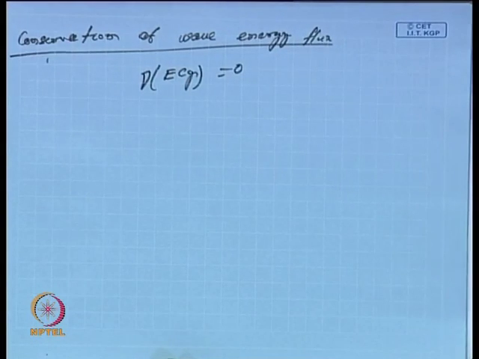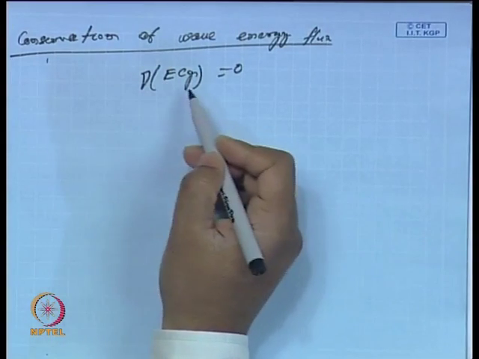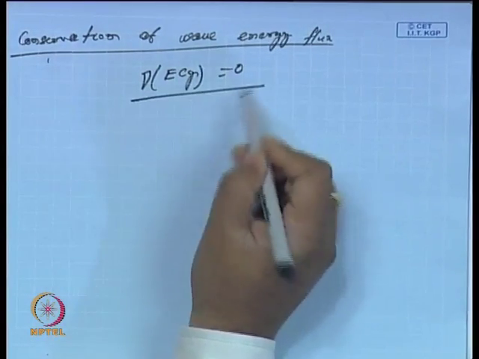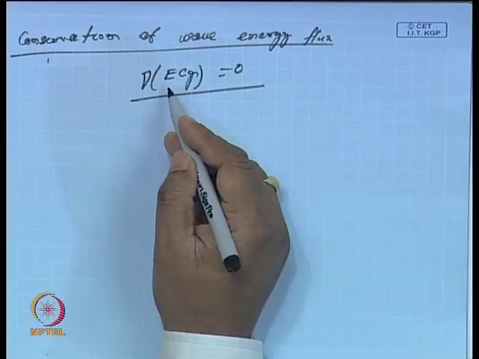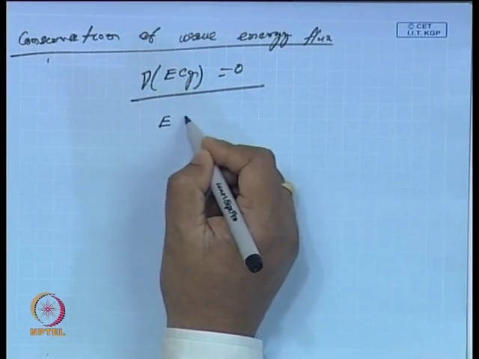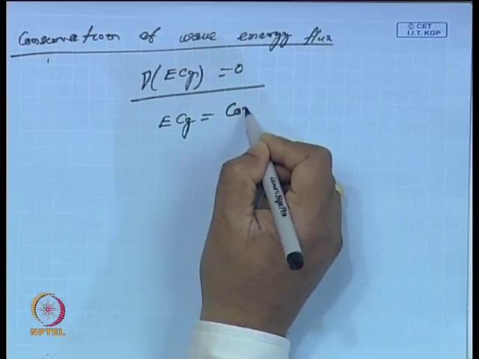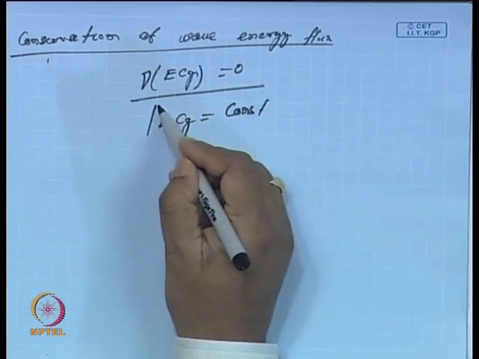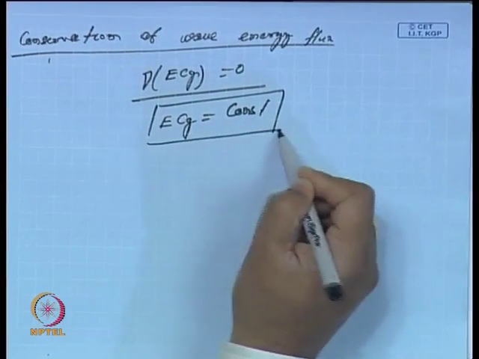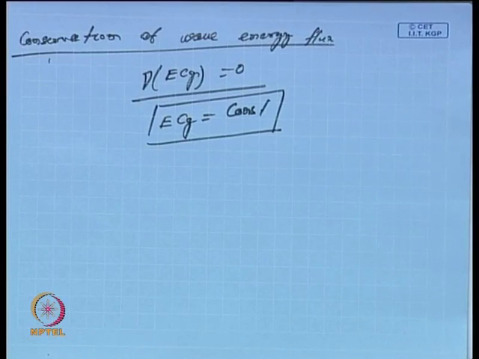That means the total energy passing through any cross section is, if I put it in an integral form, ECG is constant. That means when the wave energy propagates through any cross section, the energy that propagates through any cross section is the same.